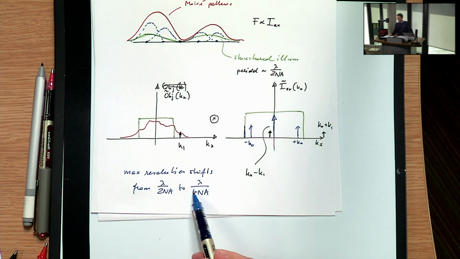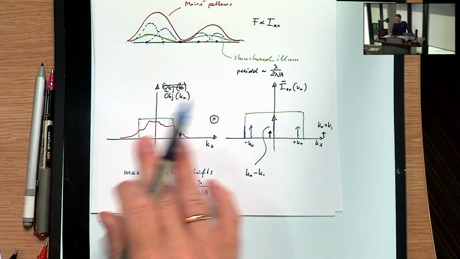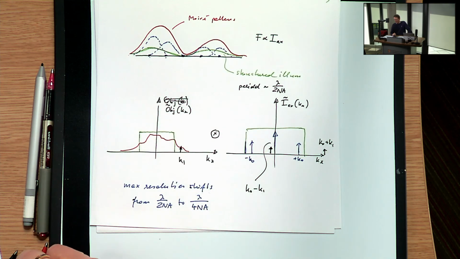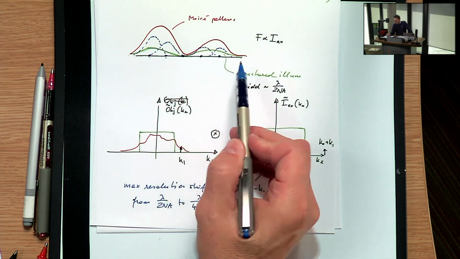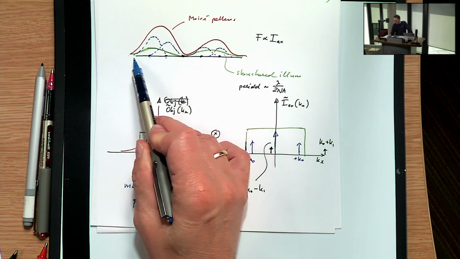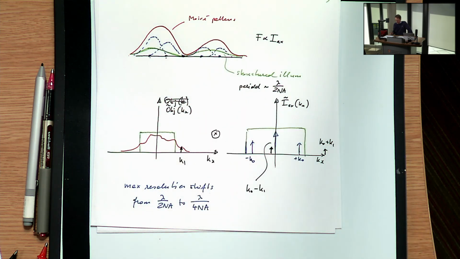So now you can actually look at things that are 2 times smaller in separation than was possible before, right? For an illumination at lambda over NA modulation, 2NA, you can resolve fluorophores at lambda over 4NA using this trick. So you gain a factor of 2 in resolution.